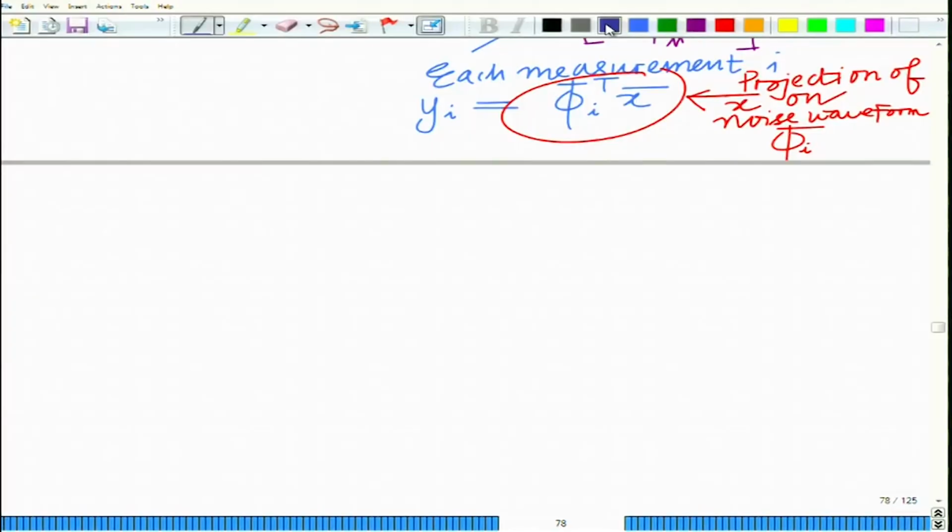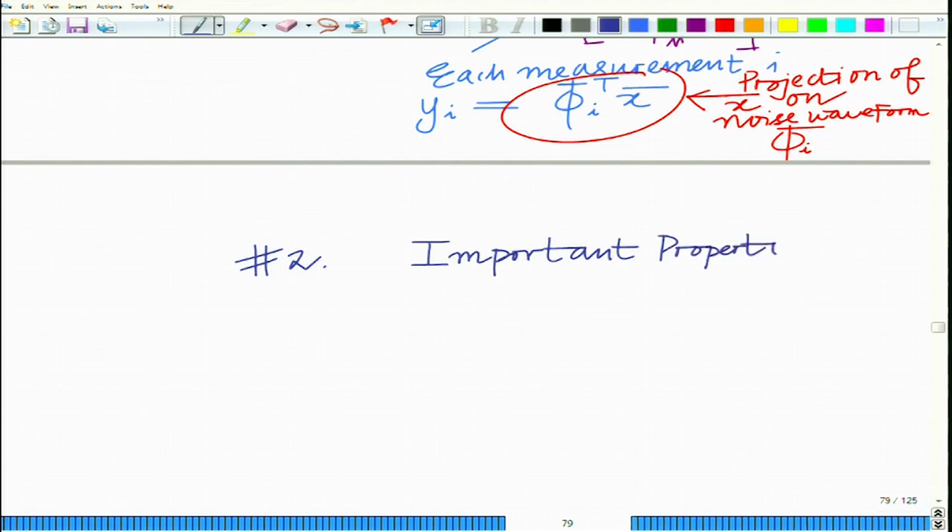Okay. Now, let us talk about the vector x bar. Now, the vector x bar itself has to satisfy an important property, and this I would say is the most important property of x bar.